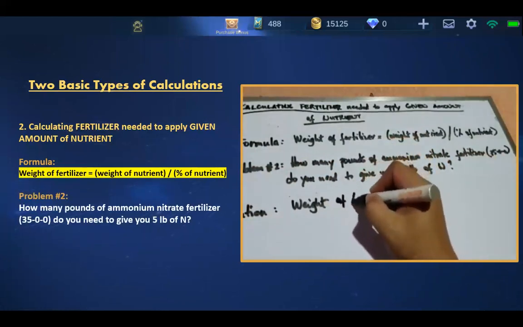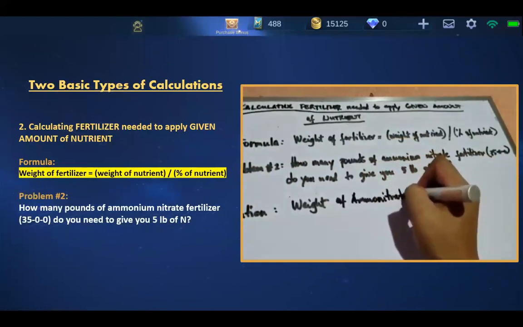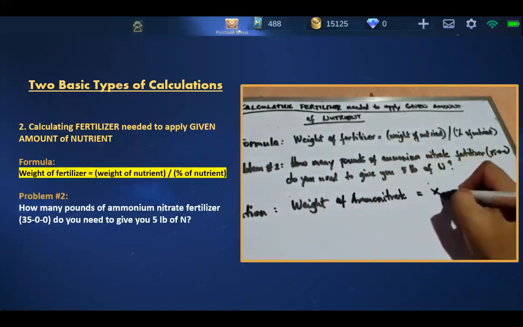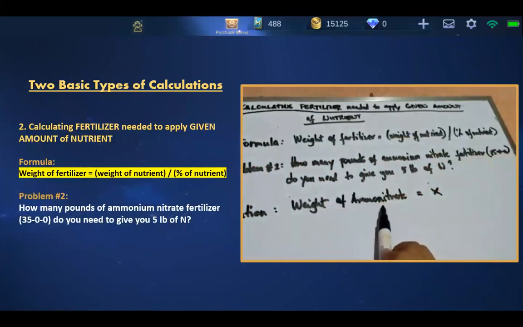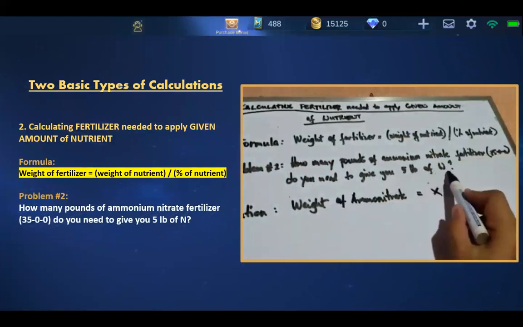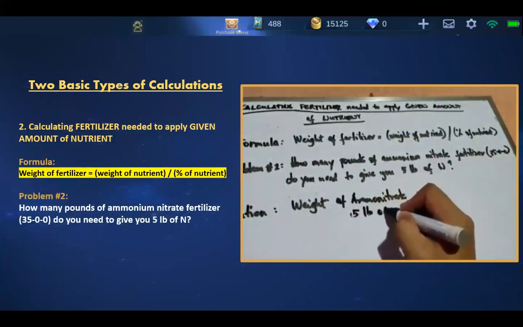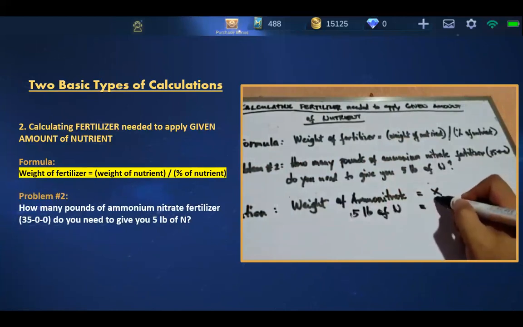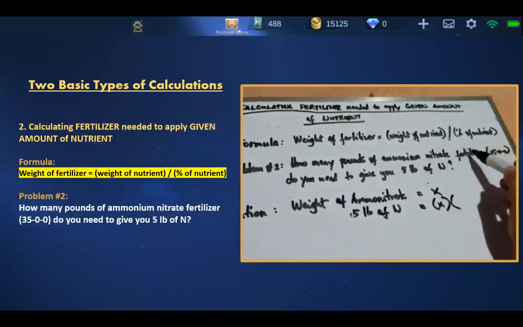So the ammonium nitrate needed is equal to X. The weight of nitrogen, 5 pounds of N, is equal to X times 35%, because our ammonium nitrate fertilizer is 35-0-0.